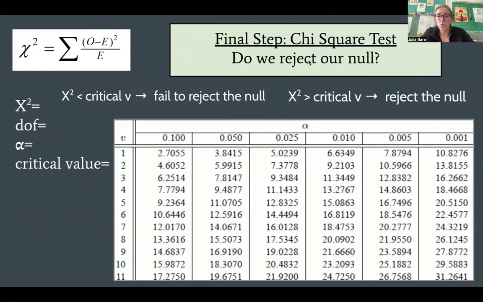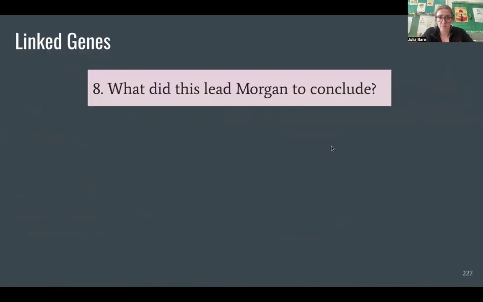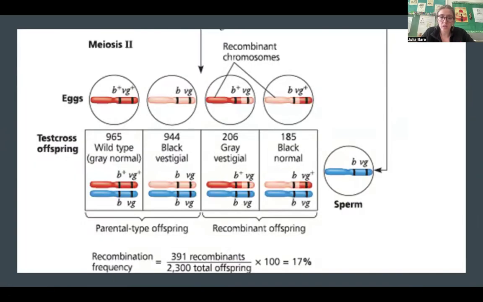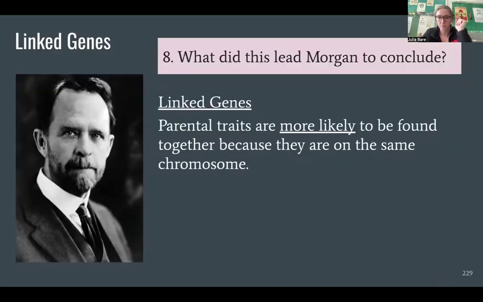So, do we reject our null hypothesis? Well, Thomas Hunt Morgan would have concluded that these offspring do not match the expected offspring. Now, I'm not going to go through the whole chi-squared calculation because that's for a separate lesson, but I encourage you to go back and do the chi-squared analysis on your own.